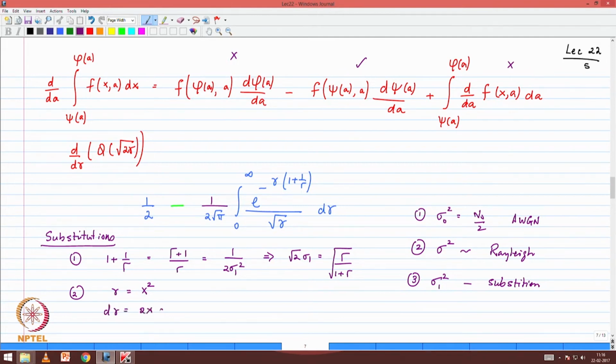That's equal to 2 times x dx. Substituting for x, this basically tells me 1 over 2 root gamma, d gamma is equal to dx.